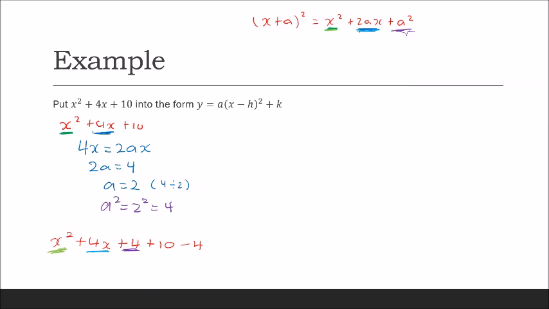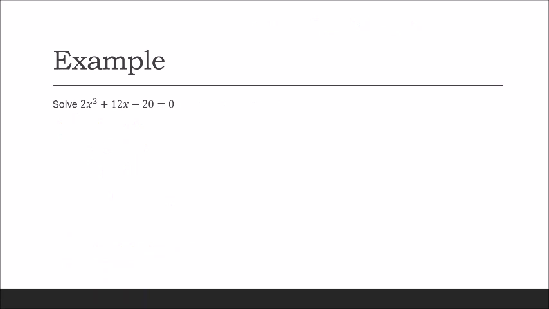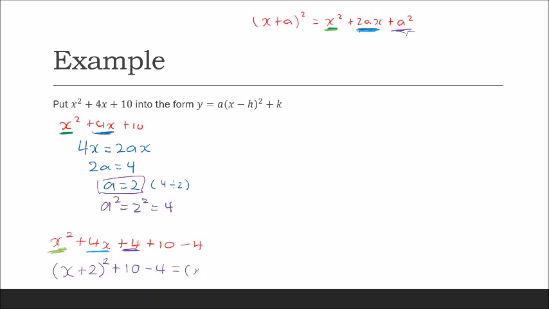I know my a was 2, because that's what I found over here. So this bit is x plus a, in which case my a is 2, and I'm squaring that. Then I have the leftover plus 10 minus 4. This is then equal to (x + 2) squared, and 10 minus 4 is 6.